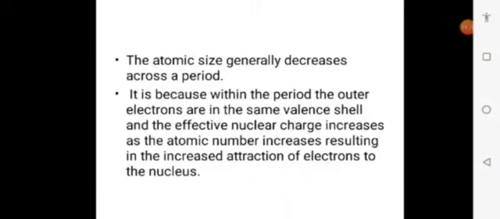The atomic size generally decreases across a period because the outermost electrons are in the same shell, but the effective nuclear charge increases as atomic number increases, resulting in increased attraction of electrons to the nucleus.